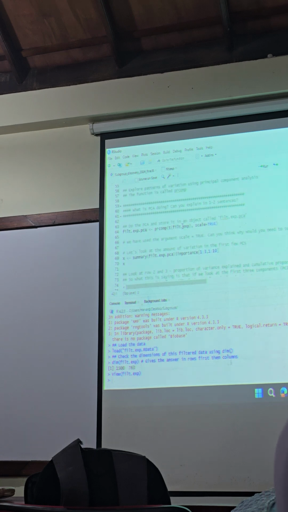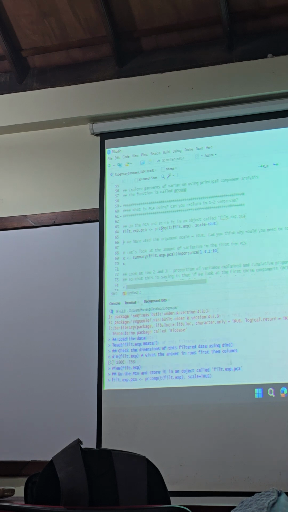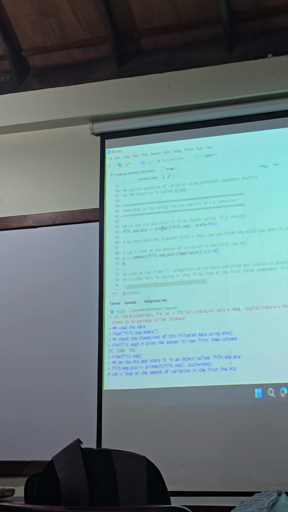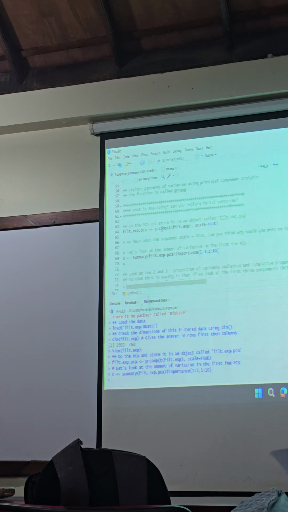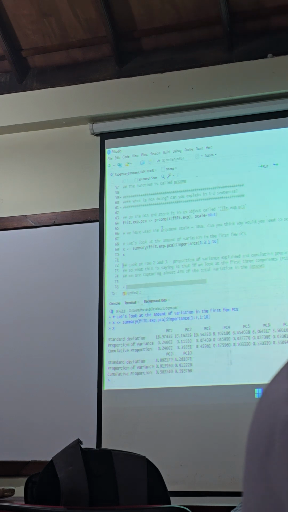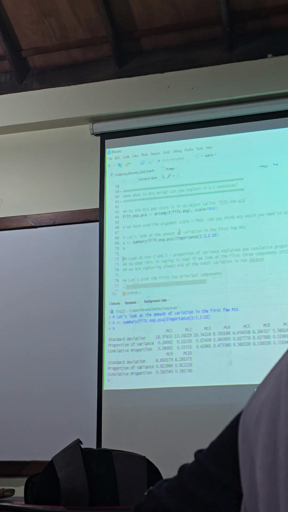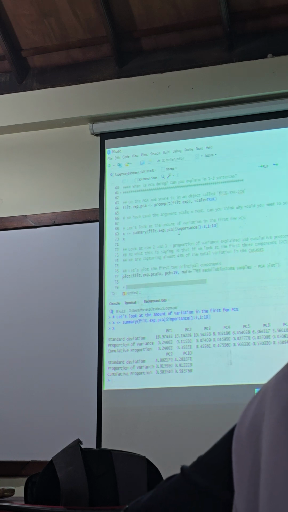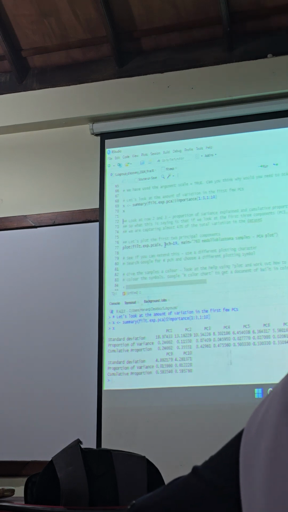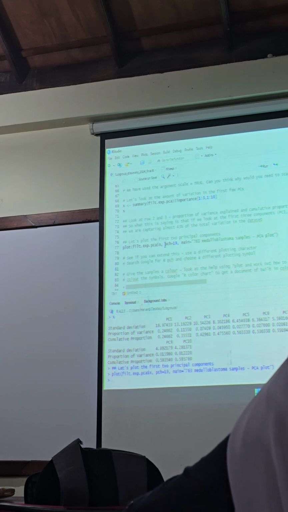Okay, so the first technique we tried was PCA. There are two things you need to keep in mind at this moment. You have this table, and then you have this plot, right?